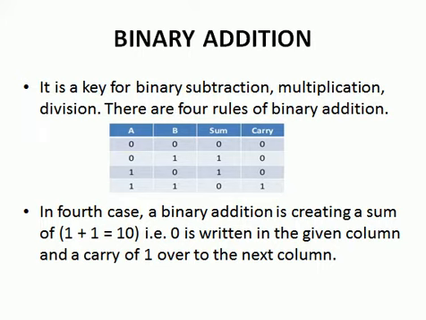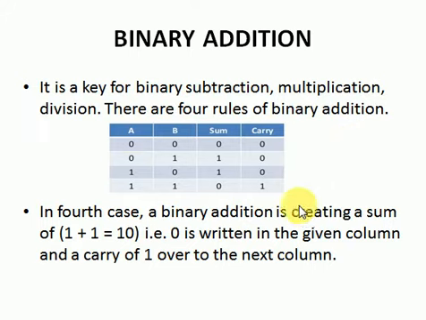Now the fourth rule: if we are adding 1 plus 1, it gives you the sum as 10, 1 and 0. So 1 plus 1 always equals 10. What should you do?